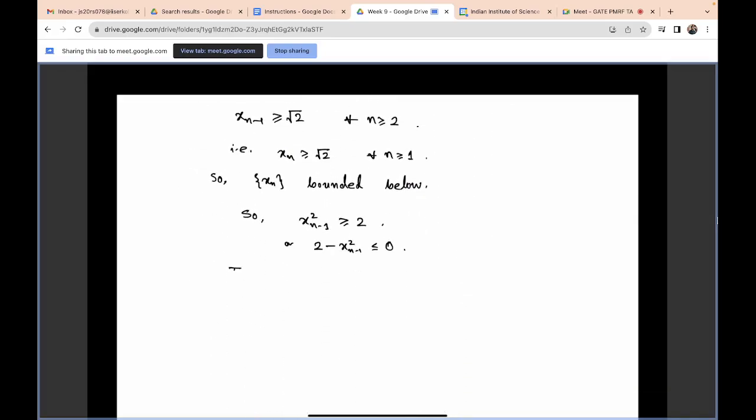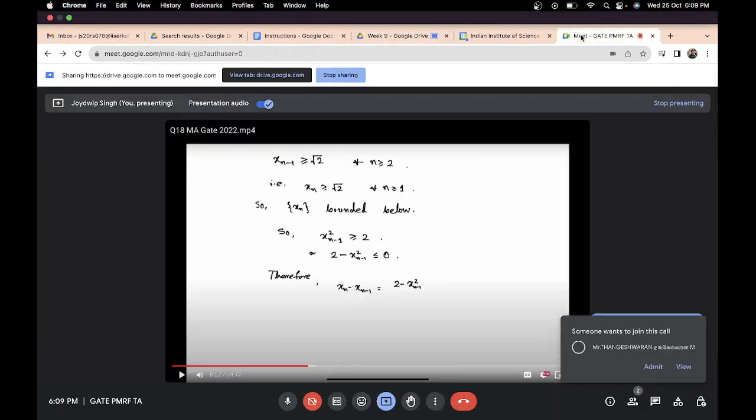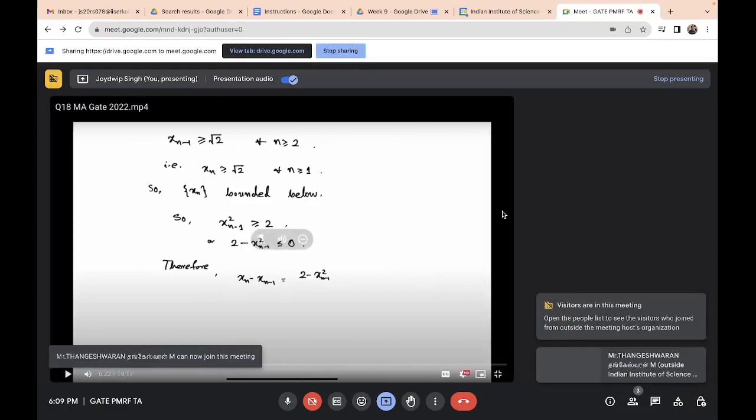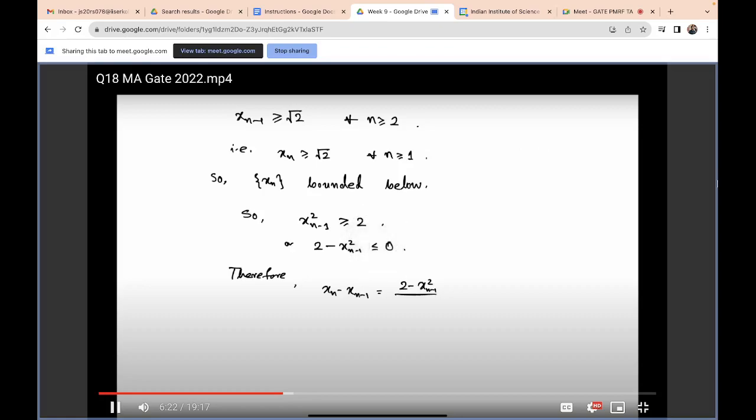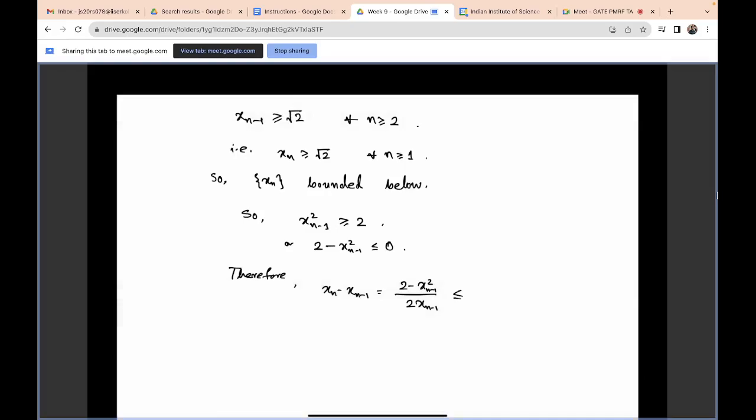Therefore (2 minus x_{n-1} squared) over 2x_{n-1} is less than or equal to 0, because x_n's are a positive sequence and 2 minus x_{n-1} squared is less than 0.